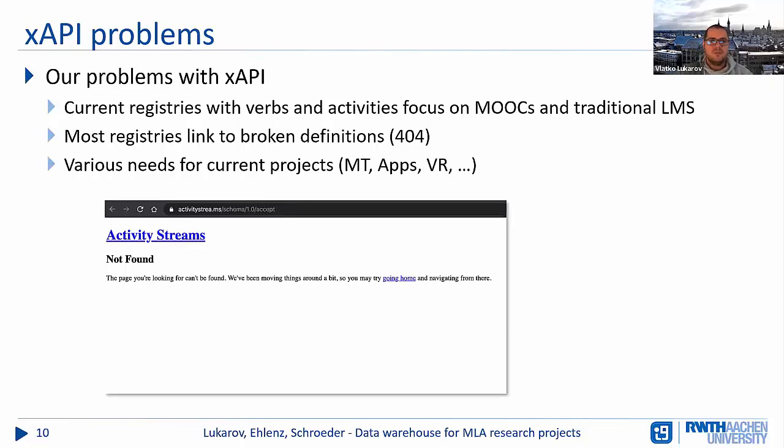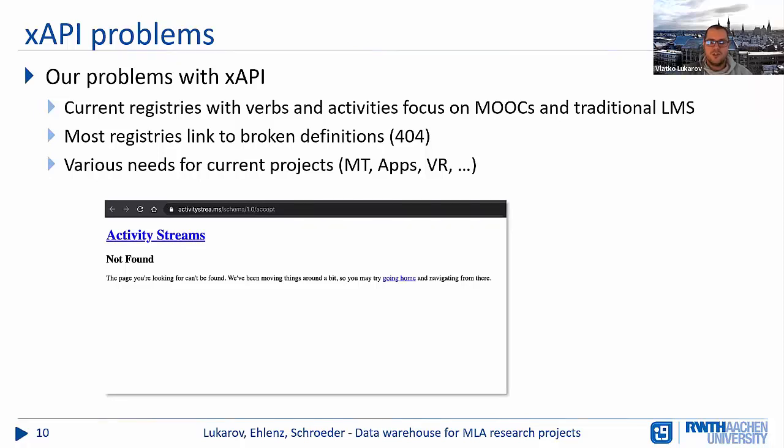But our needs are more than that, because we have multi-touch learning games, we have virtual reality, we have apps, and we have handheld devices, and we need a different set of verbs and activities.